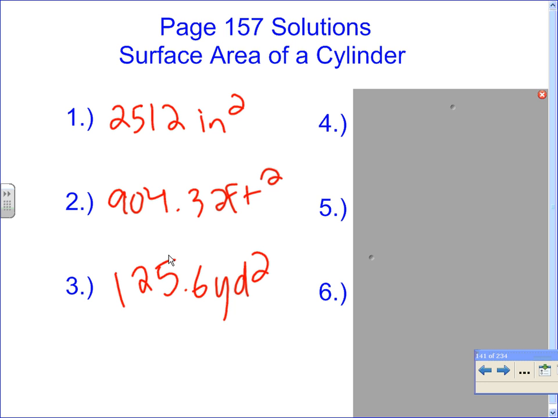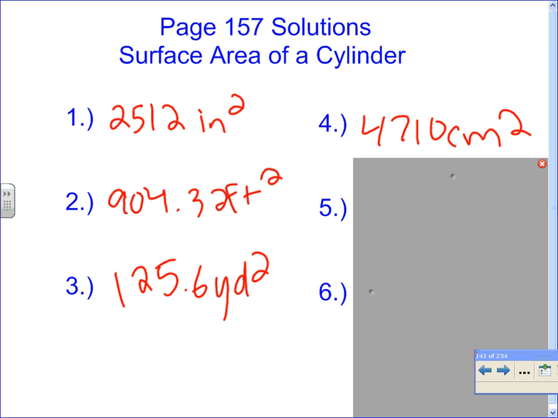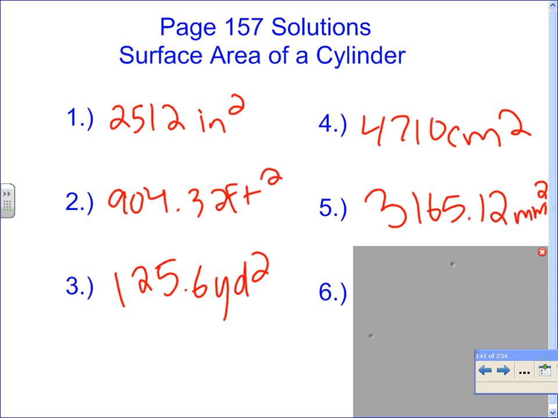Alyssa? Yep. Good job. Number 5, Charles? Did you use the pi button? Okay, that's fine. I have 3,165.12 millimeters squared. It depends whether you use 3.14 or pi. Either way is fine. I will make sure I have both answers written down when I check your quiz Monday.